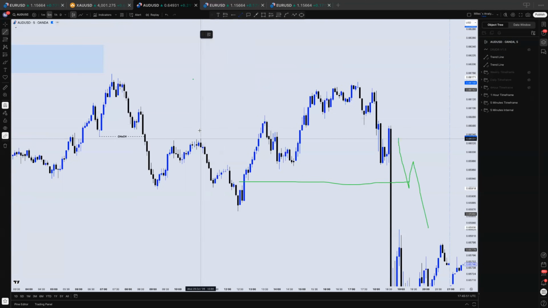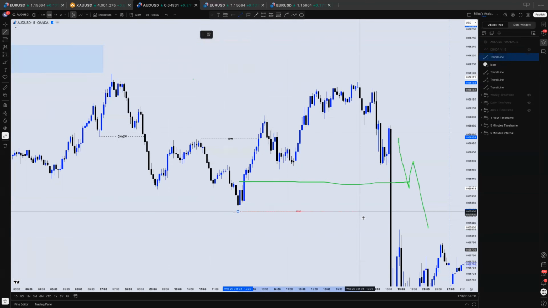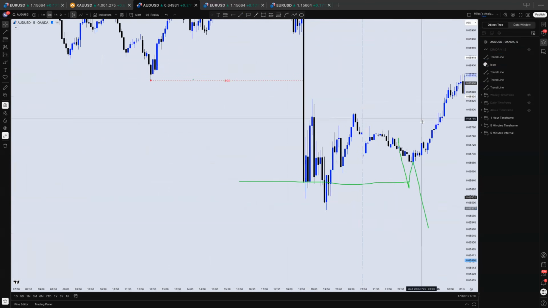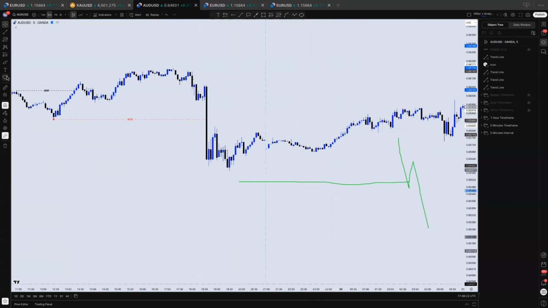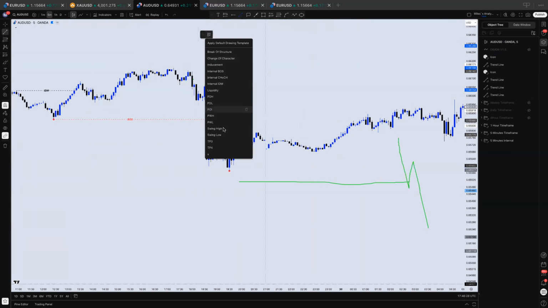So after price takes out the adjustment, it validates a new valid lower low since price created a new change of character. And if that lower low is broken, which happened here, we will then have a new valid breakout structure on the 5 minutes time frame, meaning price is bearish. Then you can see price made another impulse pullback, making this a new valid lower low, and this was another adjustment taken out.